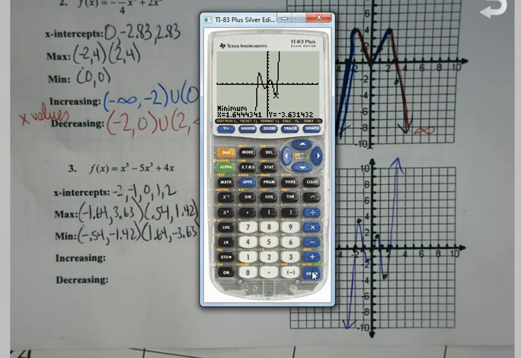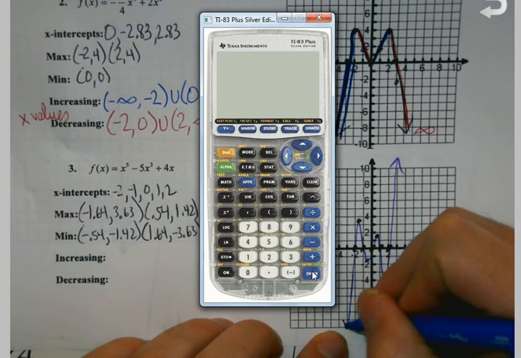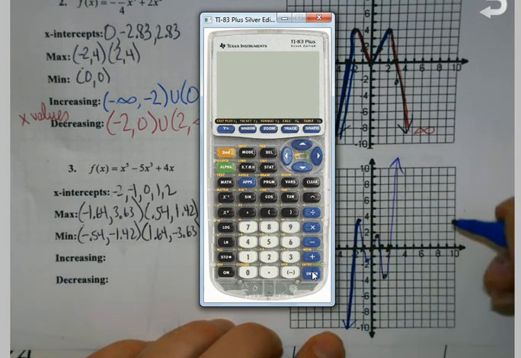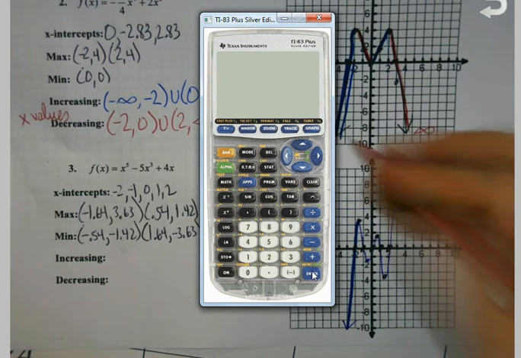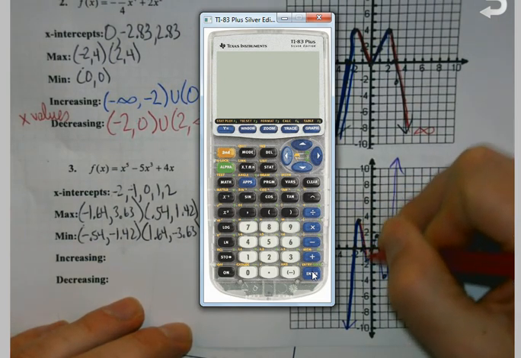So once I have that set, I'm like, all right, one last time with this. I'm going to start at the left. Use whatever your increasing color is and increase. And then it changes direction and decreases.